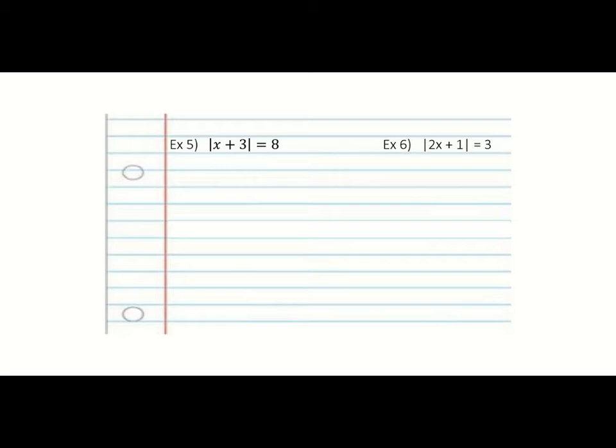So we're going to rewrite what's inside the absolute value bars, x plus 3, and we're going to say that inside could be equal to positive 8, because the absolute value of 8 would give us 8. Then we're also going to set up a second equation where what's on the inside could also equal a negative 8.